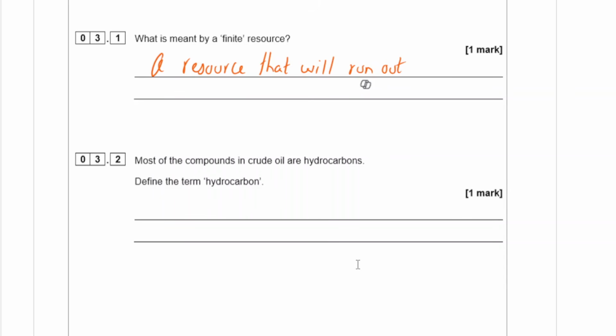Second question, 3.2. Most of the compounds in crude oil are hydrocarbons. Define the term hydrocarbon.